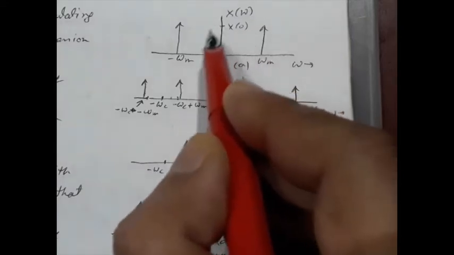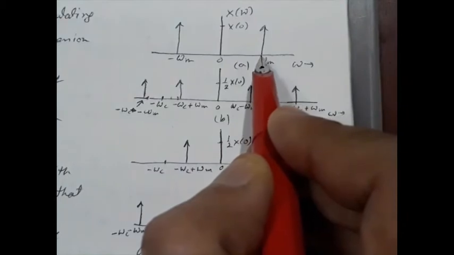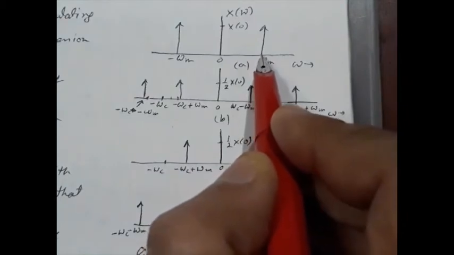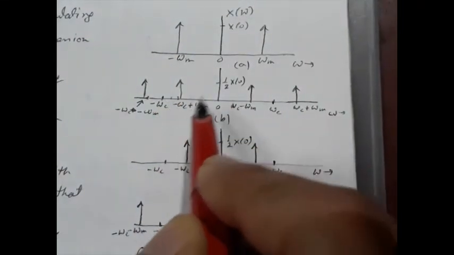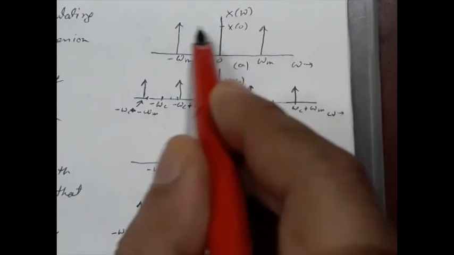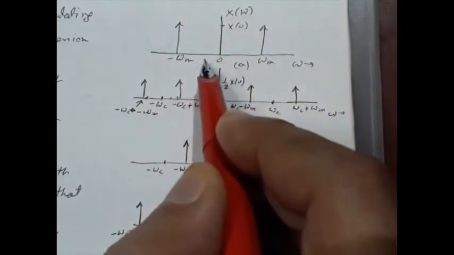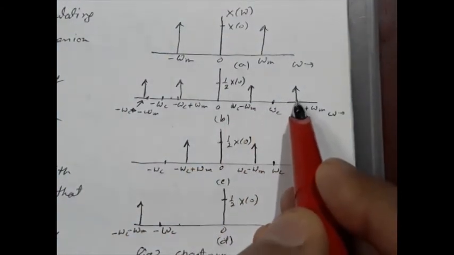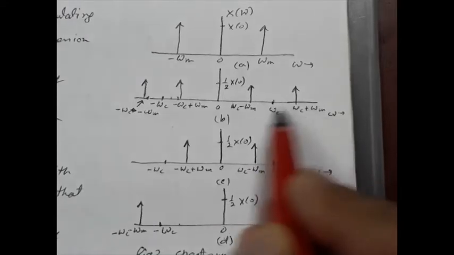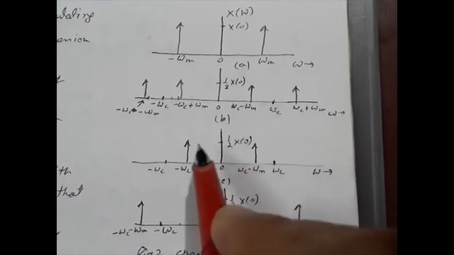The spectrum of the baseband signal is a spike at frequency omega m and minus omega m. If we use this to produce double sideband, we should get two spikes at frequency omega c plus omega m and omega c minus omega m, centered at omega c. There should not be any carrier because it is a double sideband suppressed carrier system.